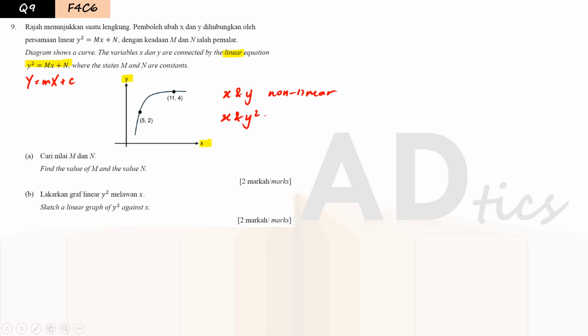So this means if we change y to y squared, it will form a linear equation. The new x-axis is still x, but the new y-axis has changed to y squared, so this graph can transform into a straight line, from a curve to a straight line. So this is what it means.